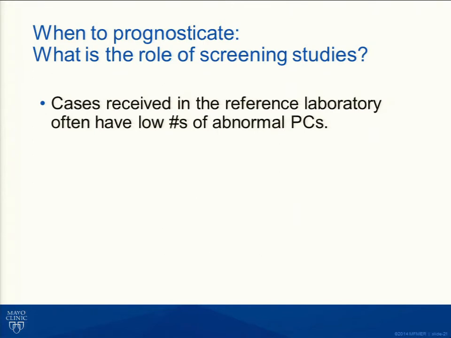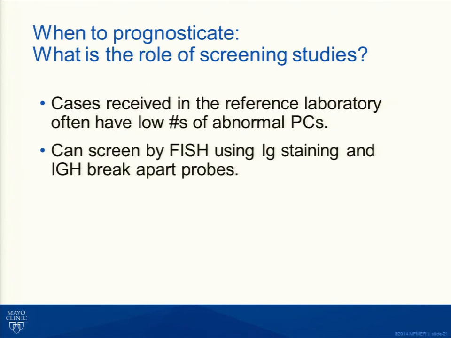We have been going back and looking at our data, and what we have found is that, because this happens so frequently, we have a pretty costly process in the FISH lab, where we have FISH studies ordered for myeloma, where we have to hunt and peck for the abnormal plasma cells by using cytoplasmic immunoglobulin staining or other methodologies, cell purification, to try and find these cells, because we just don't know if it's really needed or not.